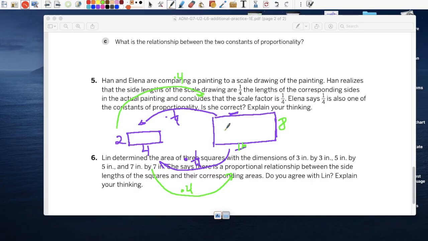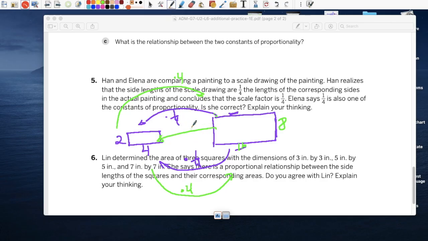And then it says 1/4 is also the constant of proportionality. Is she correct? Yes, the scale factor is 1/4, and it's also the constant proportionality, because to go from the original to the scale drawing, the original became a smaller one.